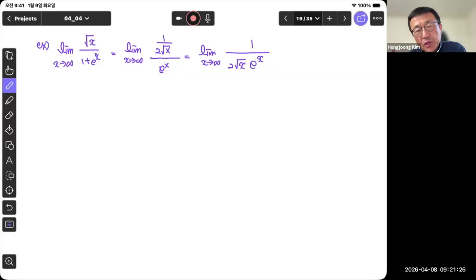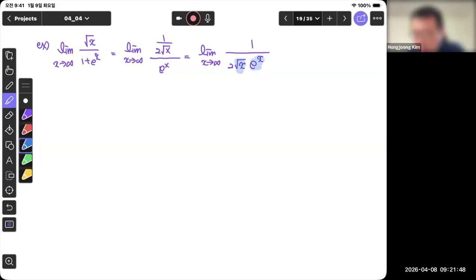Now, as x diverges to infinity, the numerator is the number 1, a constant. And the denominator is a product of the number 2, square root of x, and the exponential function e to the x.